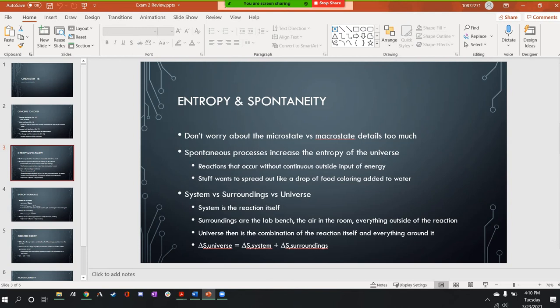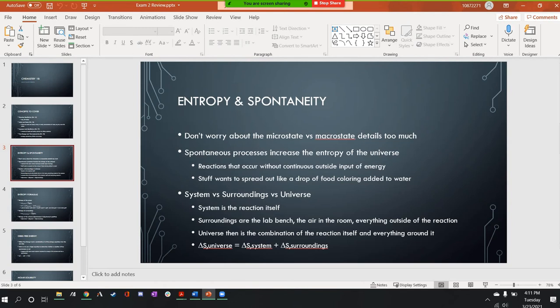Some highlights from this chapter: if you've read the book, and I didn't see her lecture, so I don't know how much she focused on this, there's a significant number of pages dedicated to talking about entropy and what it is, and microstates versus macrostates, and different arrangements of energy, and it's pretty confusing, or it was confusing to me at least. I wouldn't worry too much about all those details.